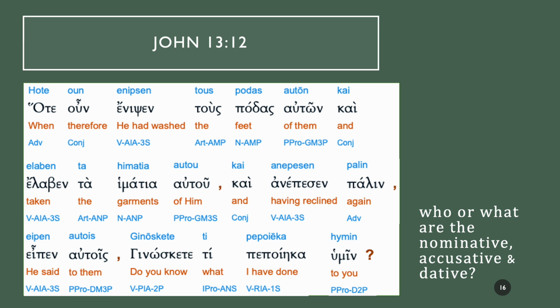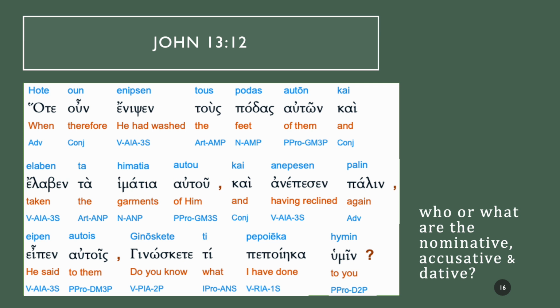Now if we were to look also at nominatives, accusatives and datives, do you remember what they are? The nominative is the subject in the sentence that does the verb. The accusative is the object that receives from the action of the verb. And the dative is an indirect object, a noun or pronoun in that sentence not directly affected by the action of the verb.